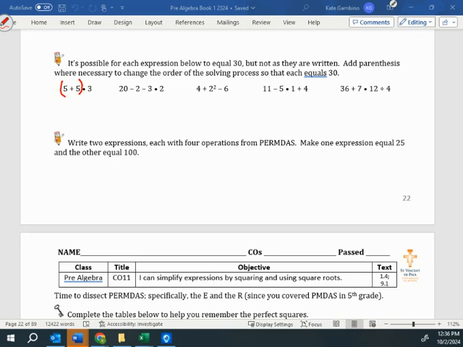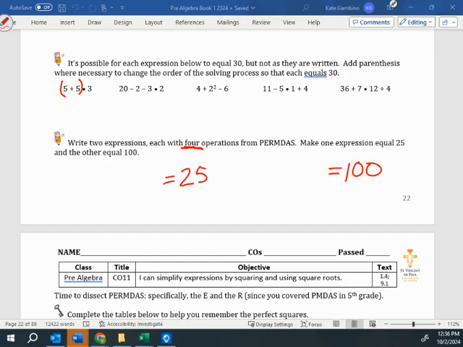Then on the bottom it says write 2 expressions, each with 4 and only 4 operations from PEMDAS. Make one expression equal to 25 and one expression equal to 100. It's like the 5-card challenge, but with only 4 cards.